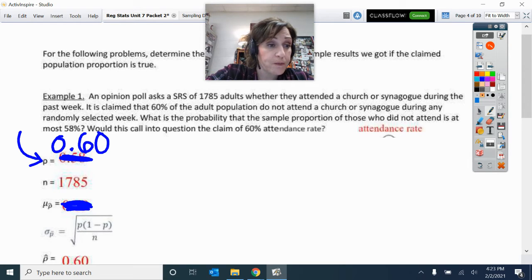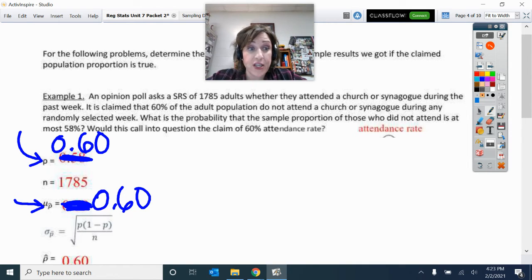And so then, do you remember that the center of all the p hats should be at that same place? 0.60. All right, so there's how you do that there. Do you remember what N stands for? That is the sample size, and they said it was a simple random sample of 1,785 adults.